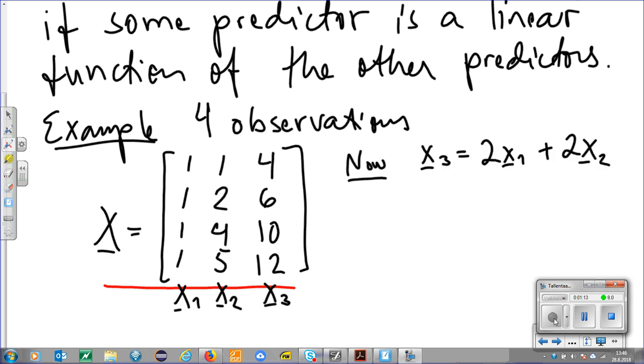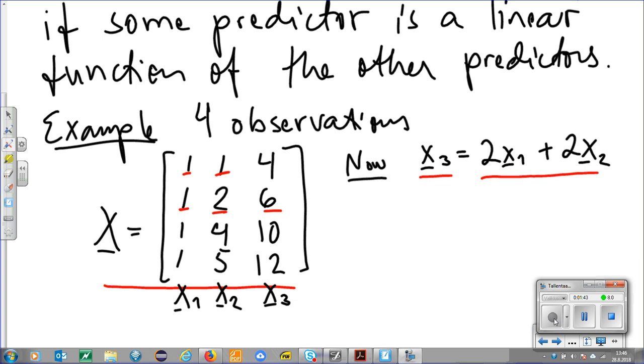But now this vector x3 can be computed using vectors x1 and x2 using this formula: twice x1 plus twice x2 is equal to x3. For example, 2 times 1 plus 2 times 1 gives 4, 2 times 1 plus 2 times 2 gives 6, and so on.